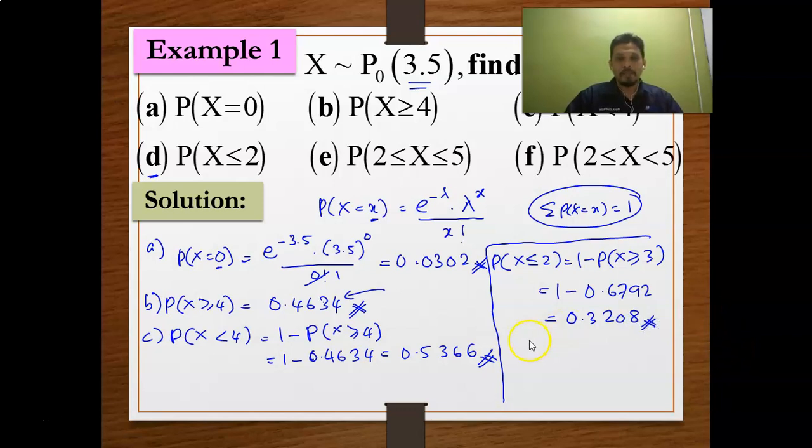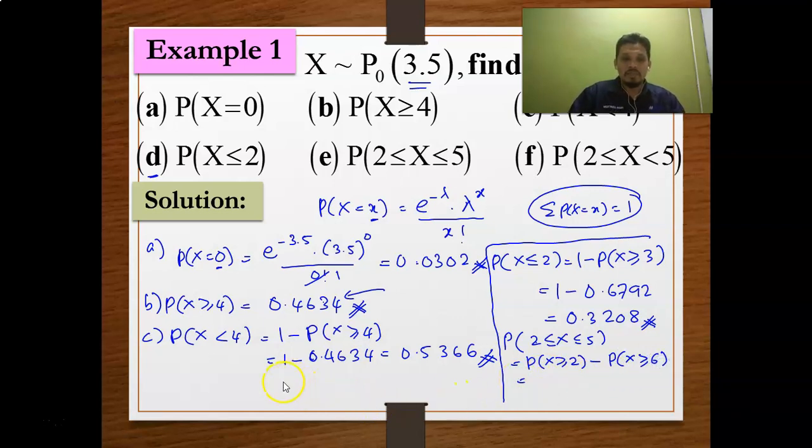And what about this one? Probability of x between 2 until 5, including 2 and also 5. So we come up with probability of x greater than or equal to 2. Because it includes 5, we minus probability of x greater than or equal to 6.